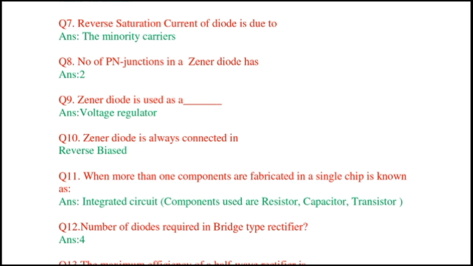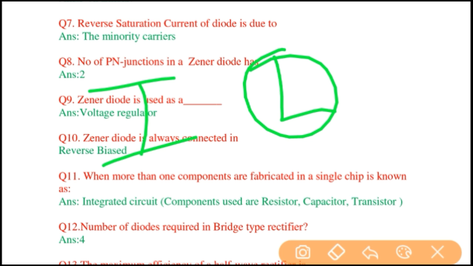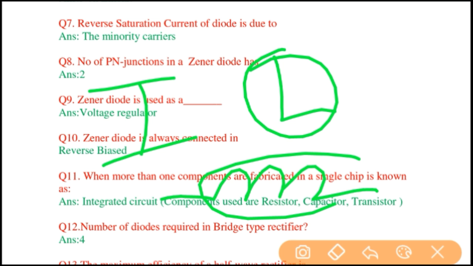But here you have to remember one thing: inductors, that is L, are not used in ICs.